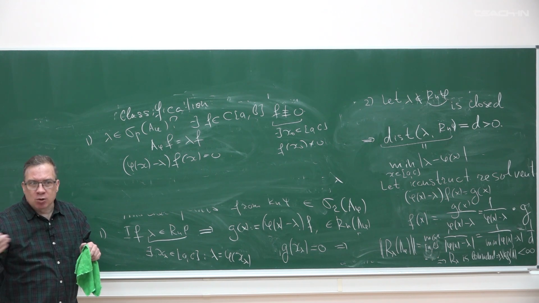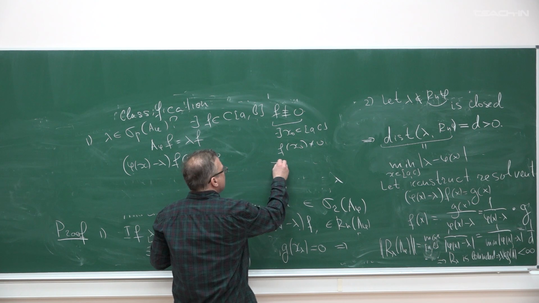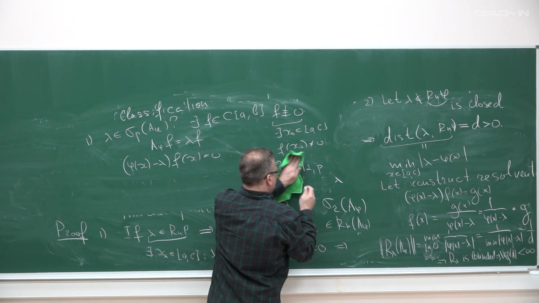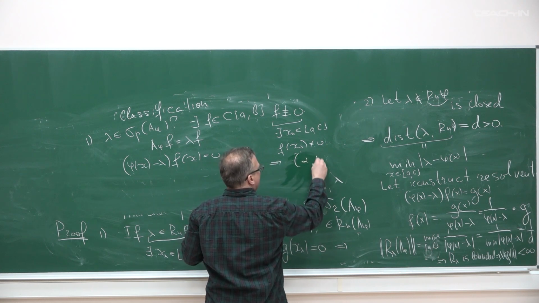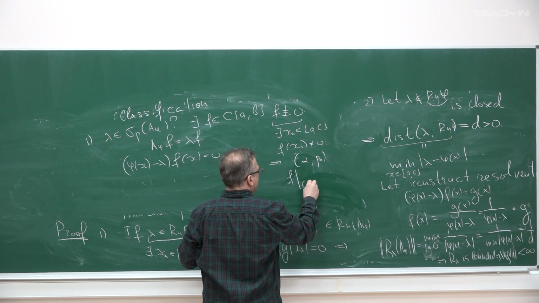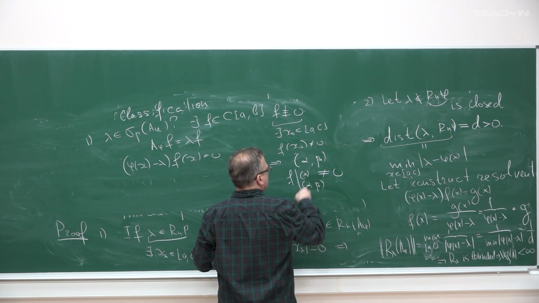But it is a continuous function. So there exists an open interval alpha beta such that function f is not 0 on the whole interval.